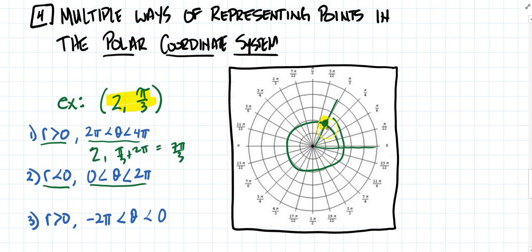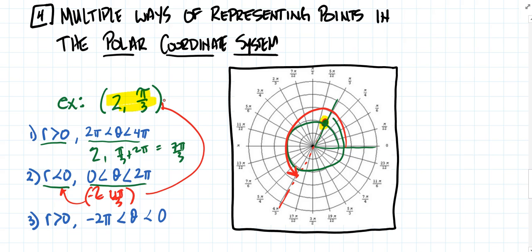If I drew this line all the way back here, this negative pole, and went all the way around to that angle, which is 4 pi over 3, and then backed up negative 2, I would end up in the same spot. So I would go to negative 2 comma 4 pi over 3. That value matches the constraint that r is negative, yet I still ended up in the same spot at 2 comma pi over 3. So that's another way I can do it.